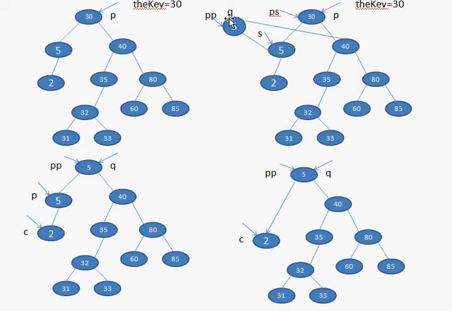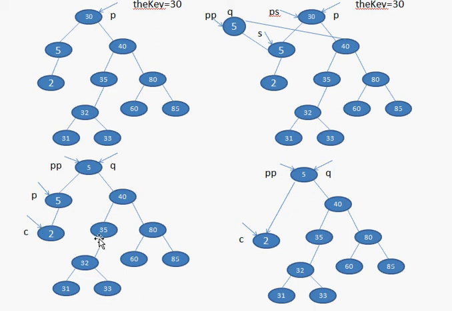Doing so, the structure would look like this, and later we create one more pointer c, and we make the pointer c point to the child of the previous pointer. So this would be the situation.